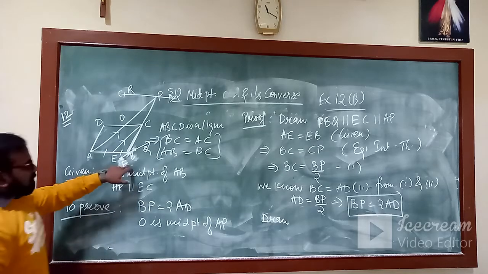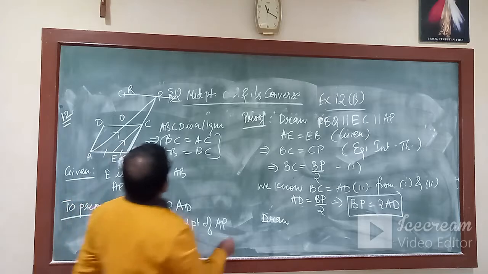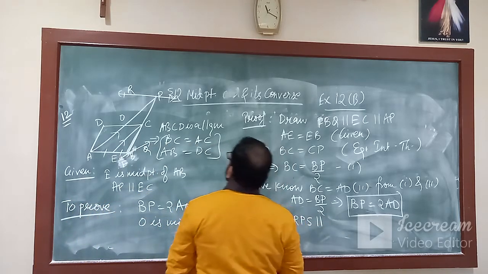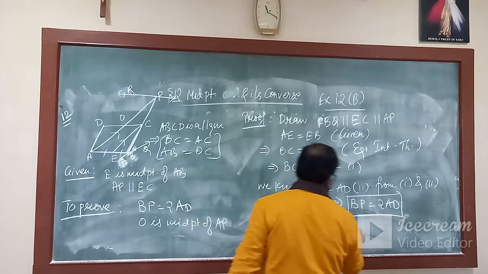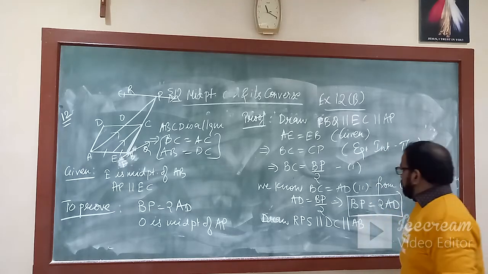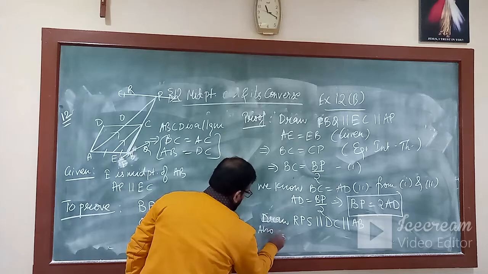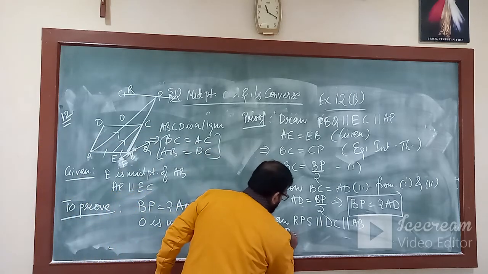Okay, we cannot take the same vertices as it is given already P. So I have drawn RPS parallel to DC, and since DC is also parallel to AB, because opposite sides are parallel to each other. Also, what we know? We have just proved BC equal to CP.